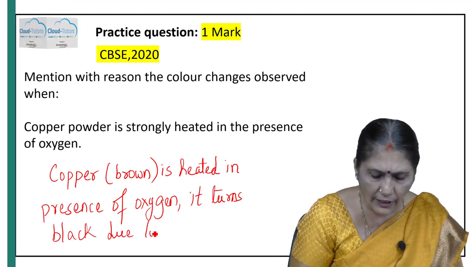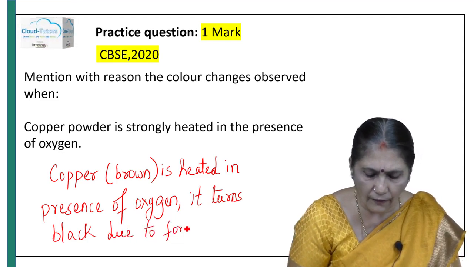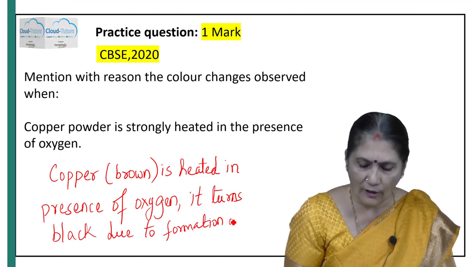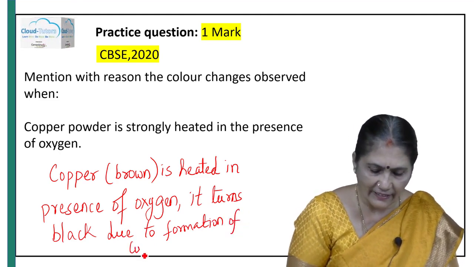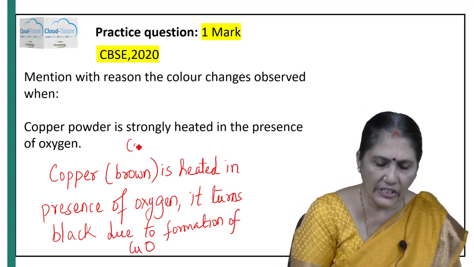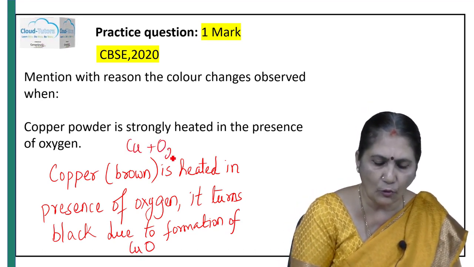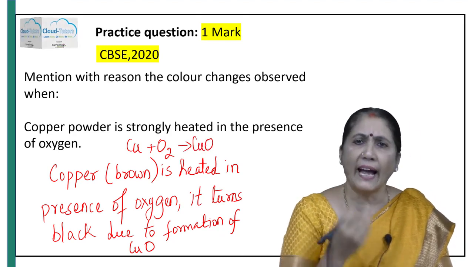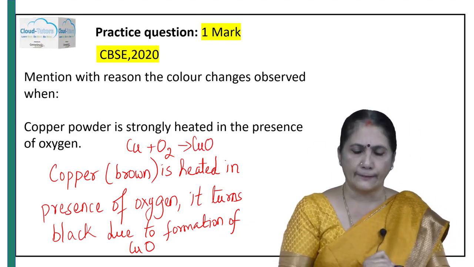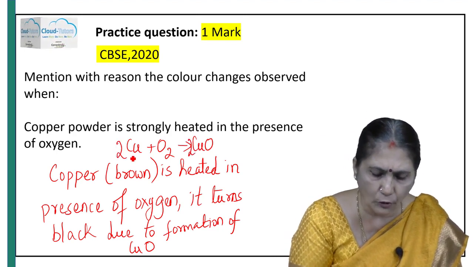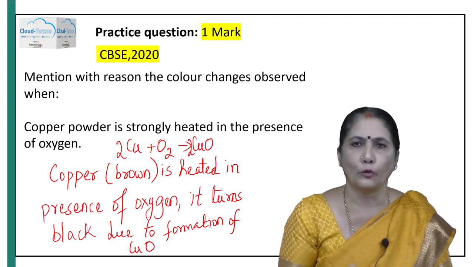due to the formation of cupric oxide, CuO. So you can write the equation Cu plus O2 gives CuO, and you can quickly balance: 2Cu plus O2 gives 2CuO.